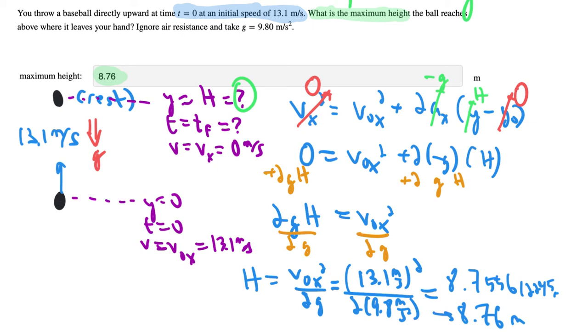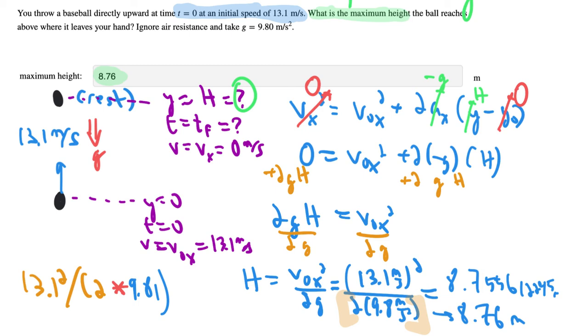All right. Couple things. If you're typing this in your calculator, remember that you'll also need to put parentheses around that denominator. So you're going to have to type it as 13.1 quantity squared over parentheses 2 times 9.8 close parentheses.